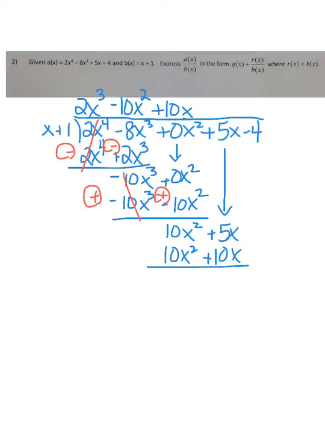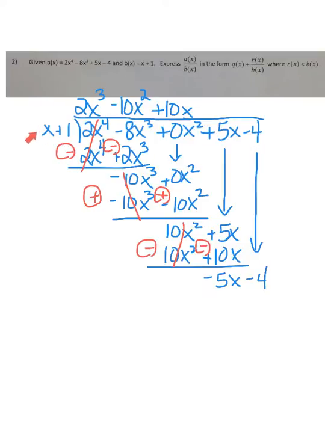And then we're going to change and circle, cross out your first terms. We're going to add your like terms over here, and we'll get negative 5x. And let's bring down my last term there, which would be a minus 4.